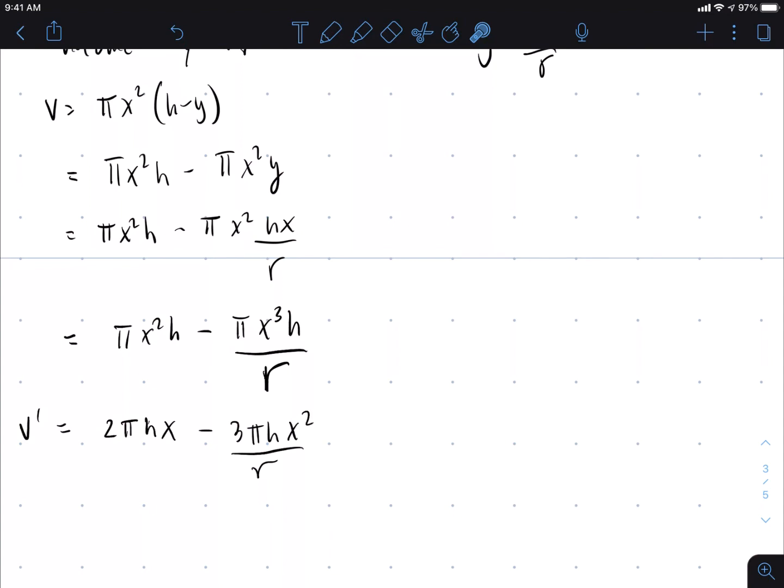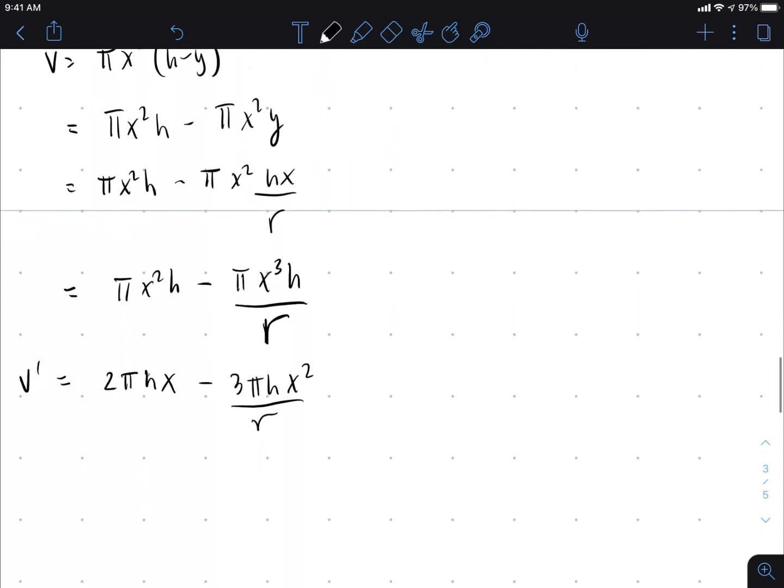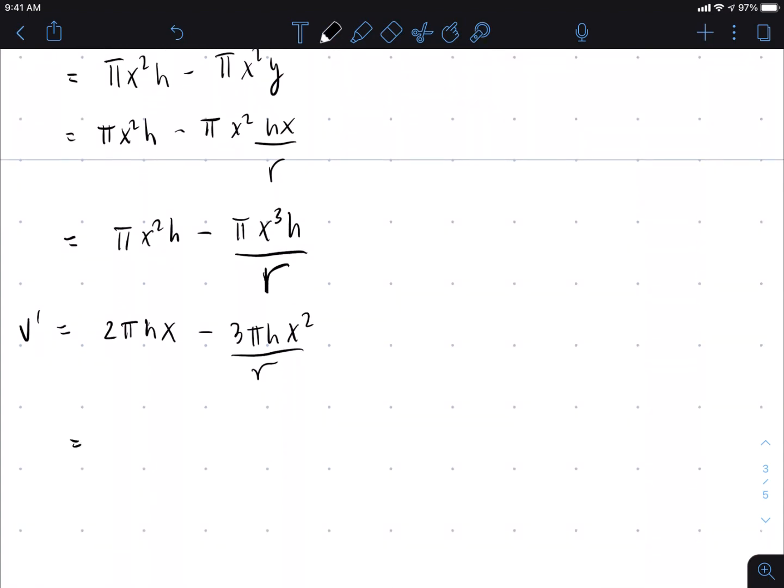Oh, okay. Yeah. I can see I can factor out some things, so I can factor out pi, an h, and an x. So I'm going to get pi h x times 2 minus 3 over r x. Correct?